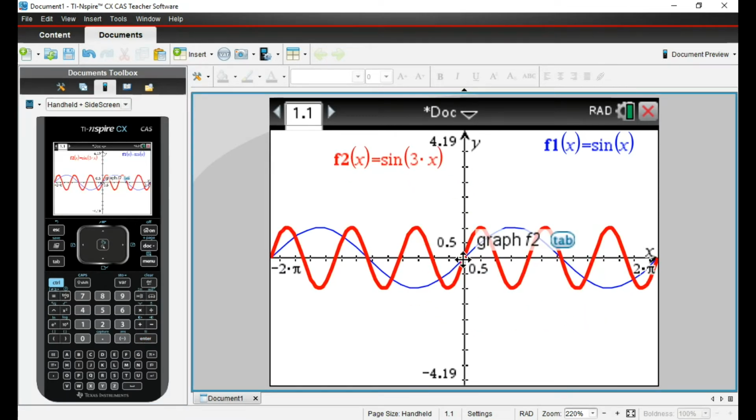So while it takes 2 pi to go up, down, cross the axis, go down, down, come back up, for y equals sine of 3x, look at this, up, down, up. So right here where my cursor is, that's where the period for the second graph stops. That's one complete period.